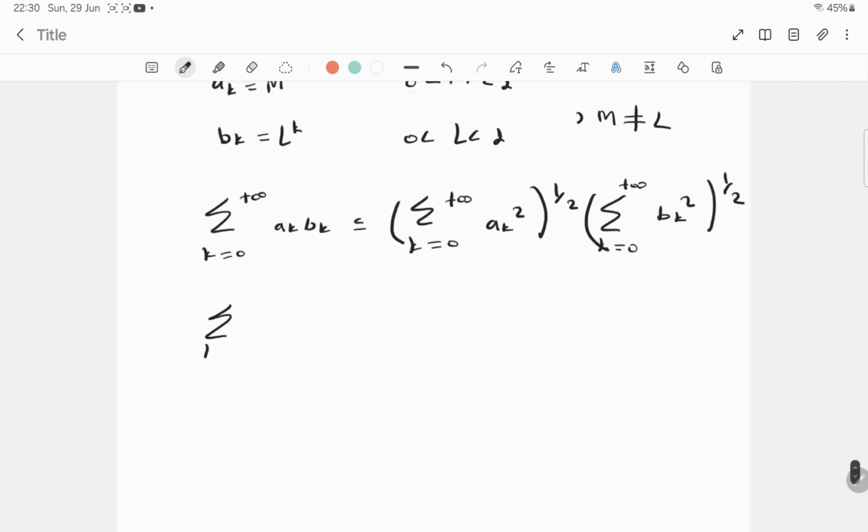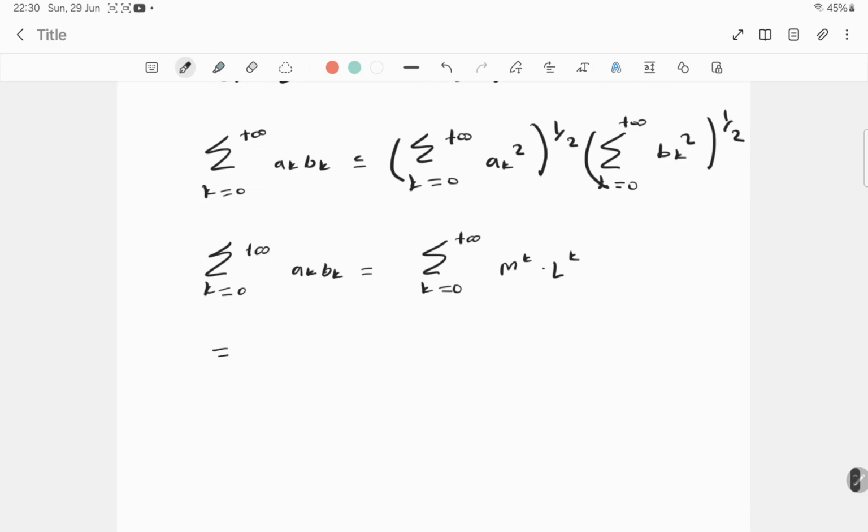We have the sum k from 0 to infinity of a_k b_k, that is m to the power of k times l to the power of k. So we have the sum k from 0 to infinity, and by the properties of powers, we have (ml) to the power of k.